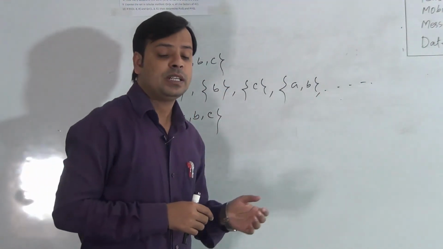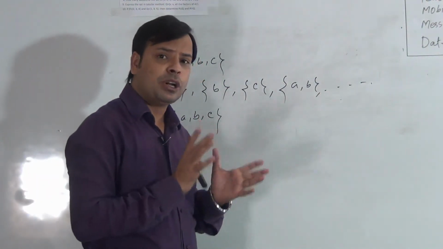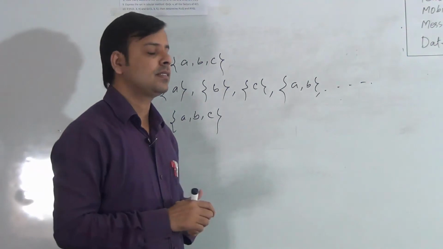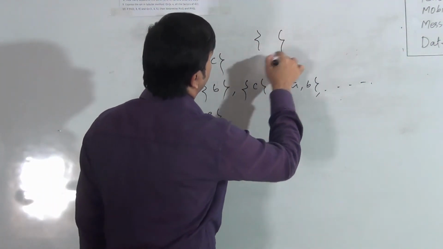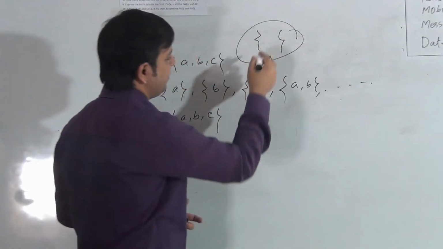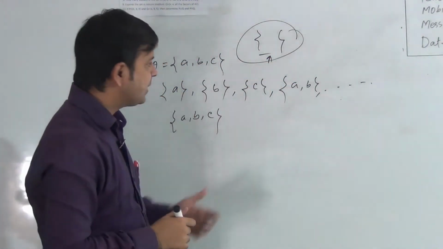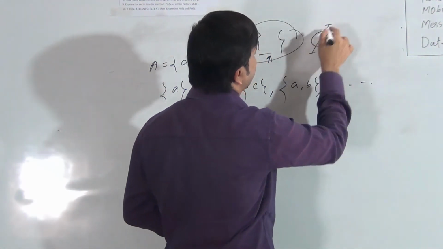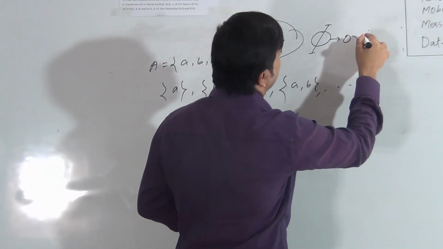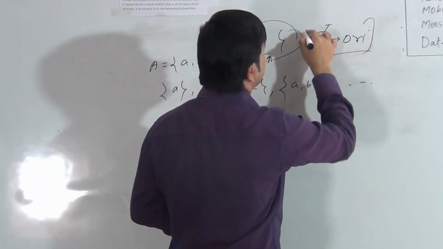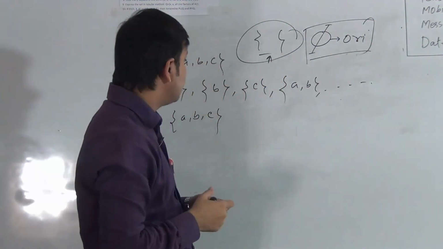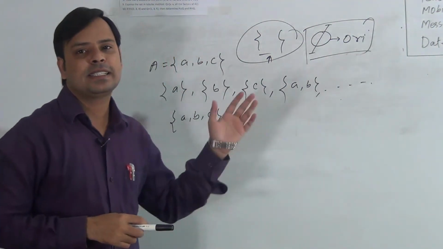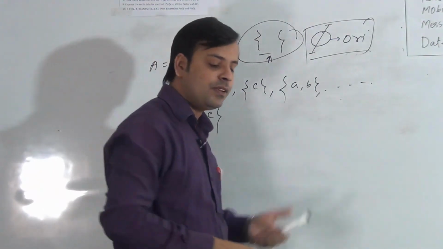The set which doesn't contain any element is known as the empty set. Suppose here is a set, but there is no element in the set. This is blank, no element here. This set is known as the empty set. This empty set can be expressed by using a Greek letter, that is phi. This sign is known as phi. You have to remember that the empty set also is a subset of any set.